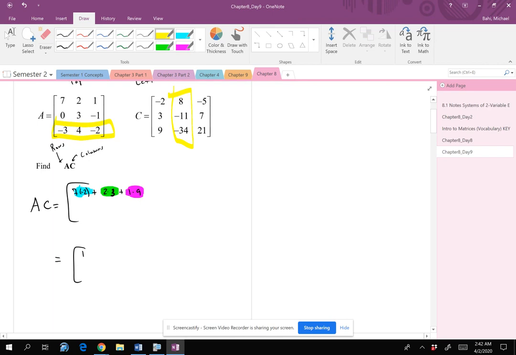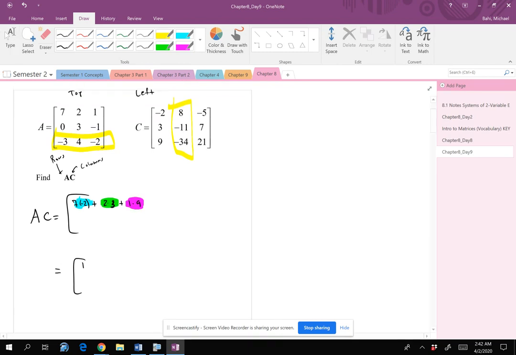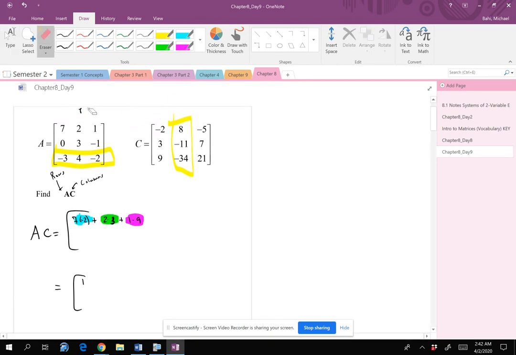But it essentially doesn't matter which order you do, as long as you know where the answer goes. So right now I'm doing the bottom row with the middle column. So that would be the bottom middle. So right here, that's where that answer goes.